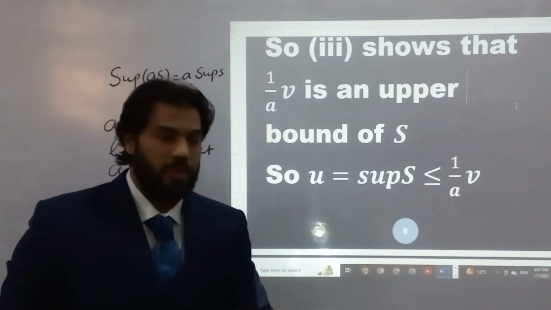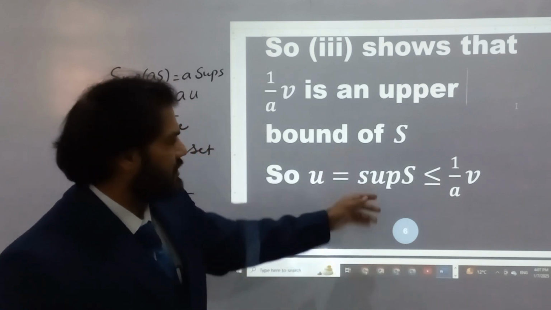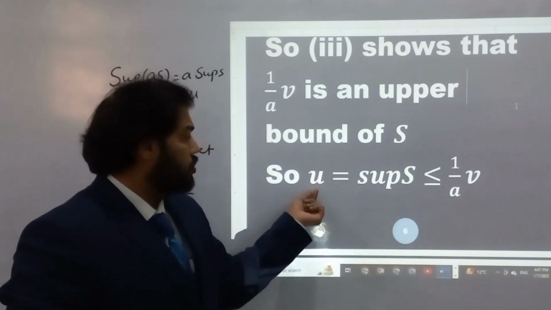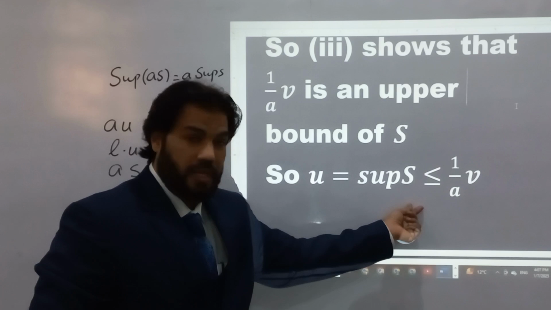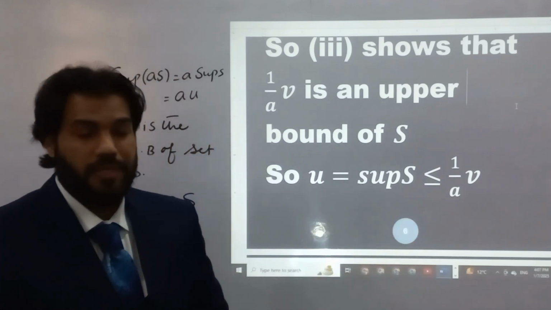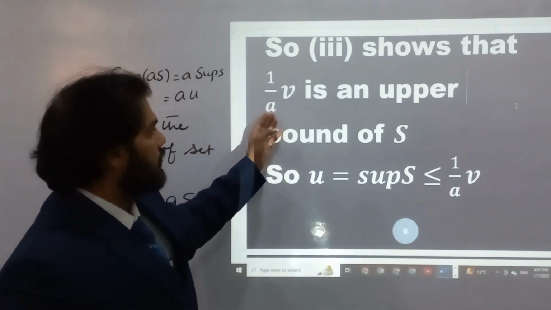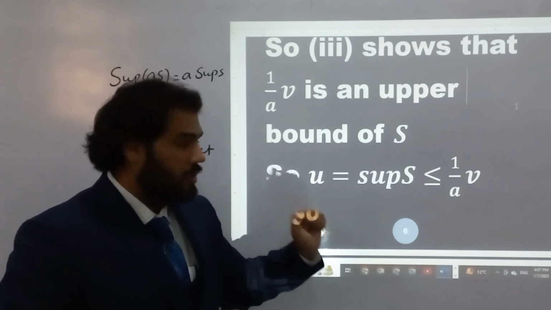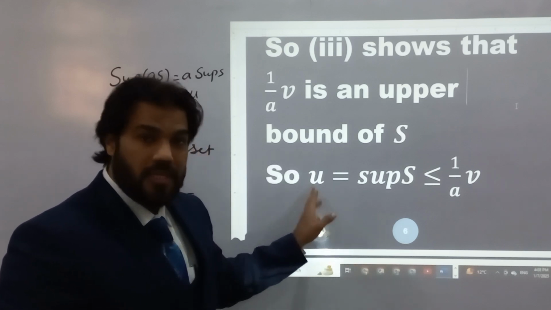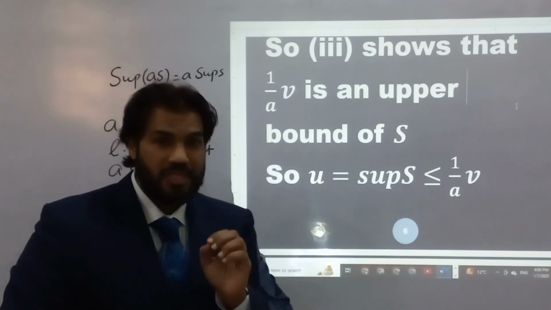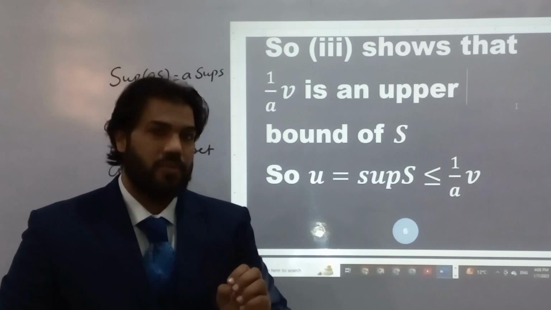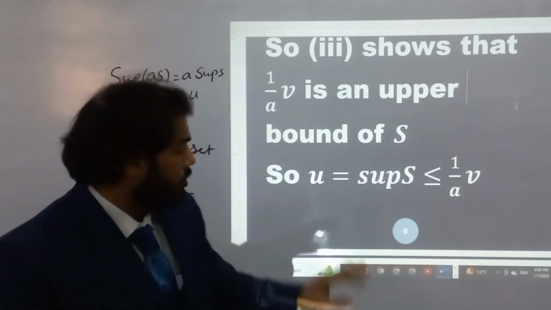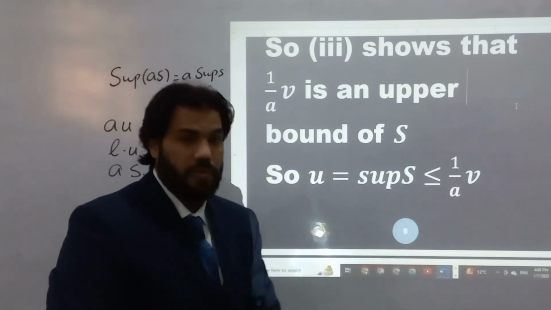Least upper bound means supremum. What is the supremum of S? Supremum of S is U. So U is less than or equal to 1 over AV. 1 over AV is an upper bound of set S, while U is the least upper bound of set S.